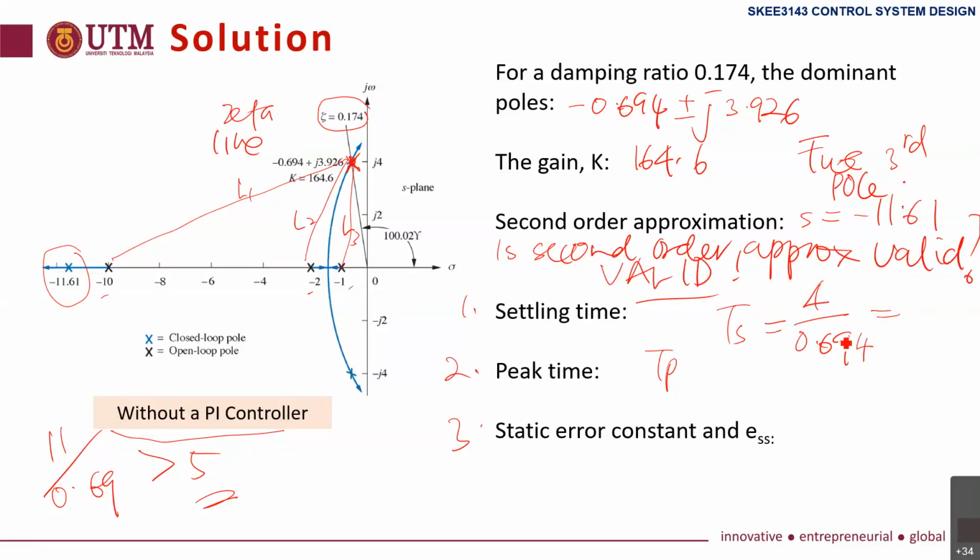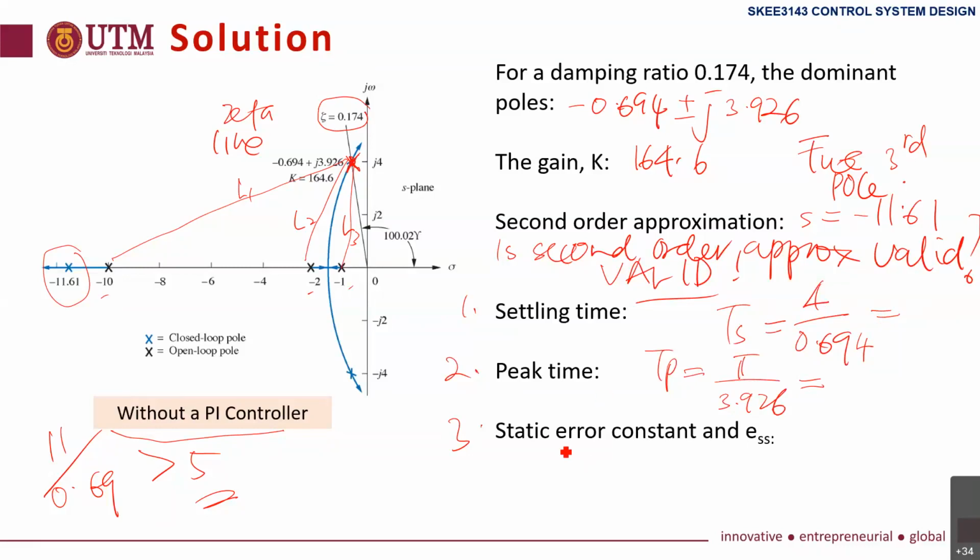This is the value for Ts. Tp is pi over omega d, where omega d is 3.926. Okay, we have Tp, Ts, and error.